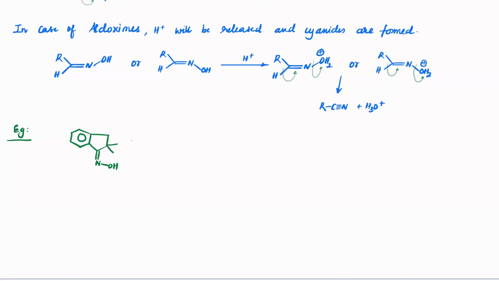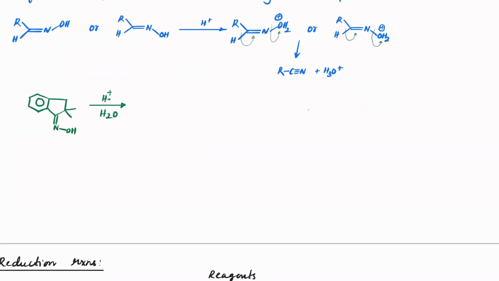On protonation, I mean we have H plus and H2O. Check what product you can get. And the same case, I'm putting the same case here, but the only thing I'm changing is the OH positioning on this side. This is the positioning you get.